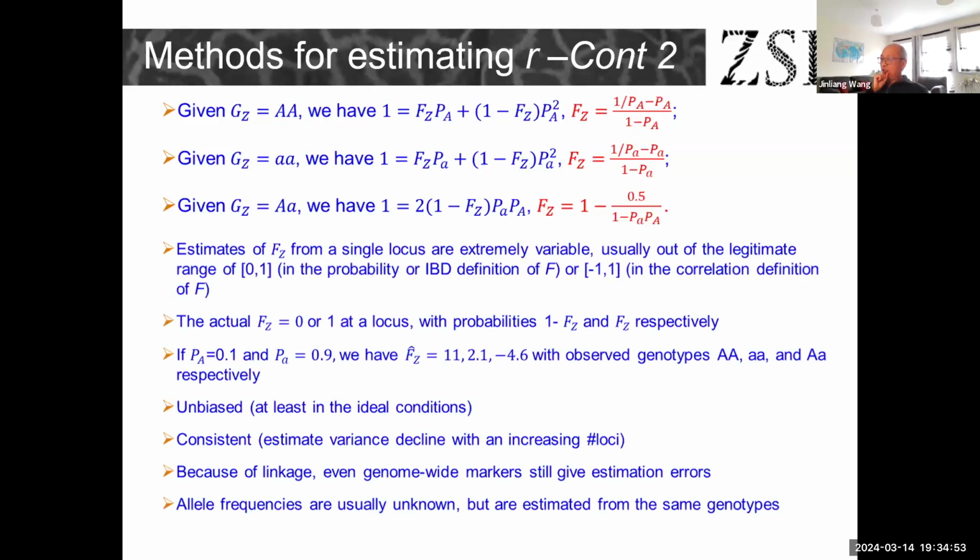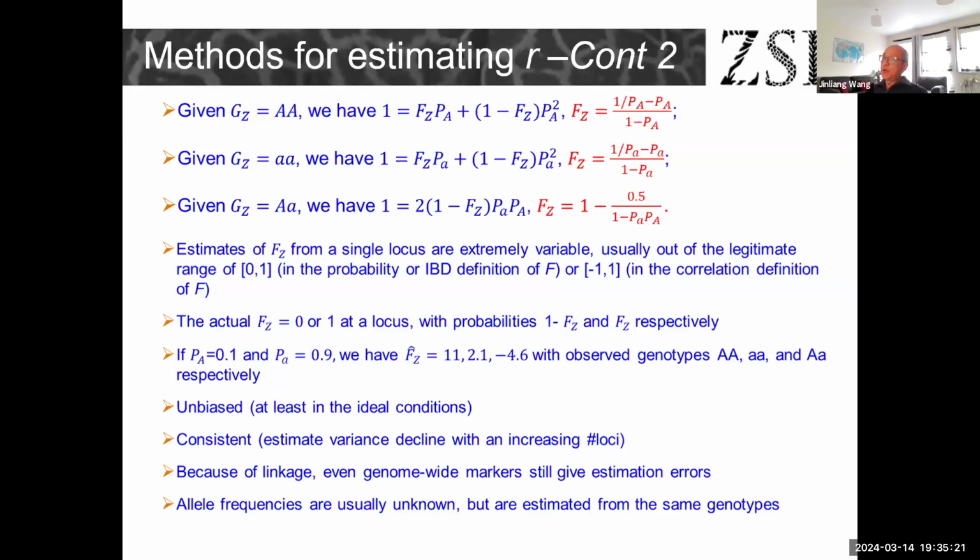But we can see the variation from a single locus estimate is very, very high. Usually it is way out of the range between 0 and 1, or between -1 and 1, depending on your definition of inbreeding coefficient, whether it is a probability definition or a correlation definition.